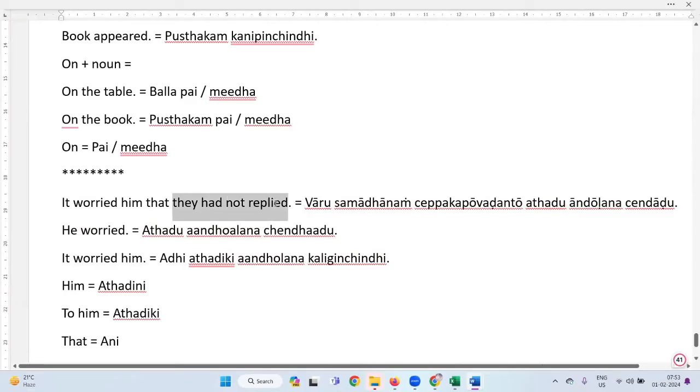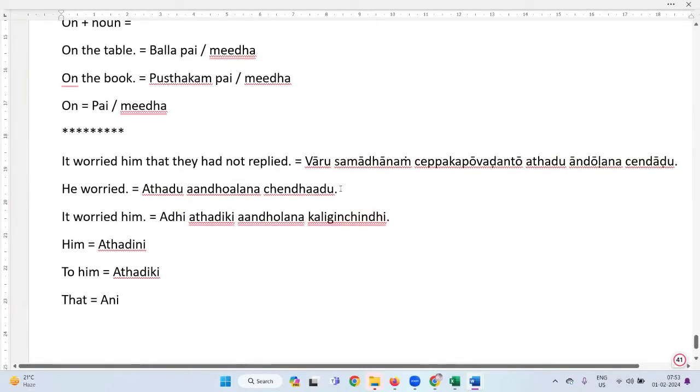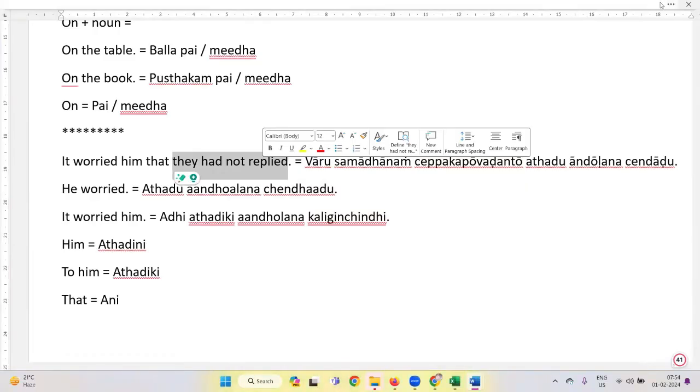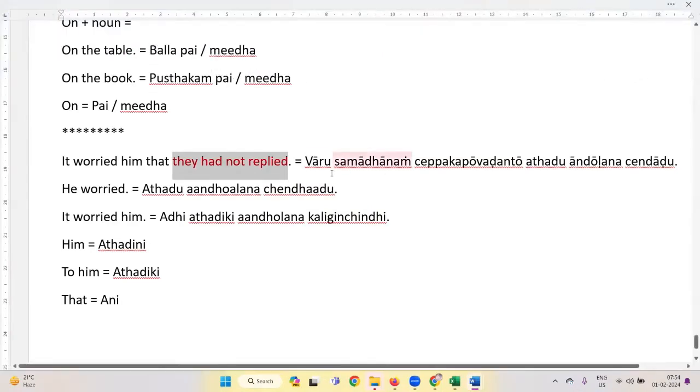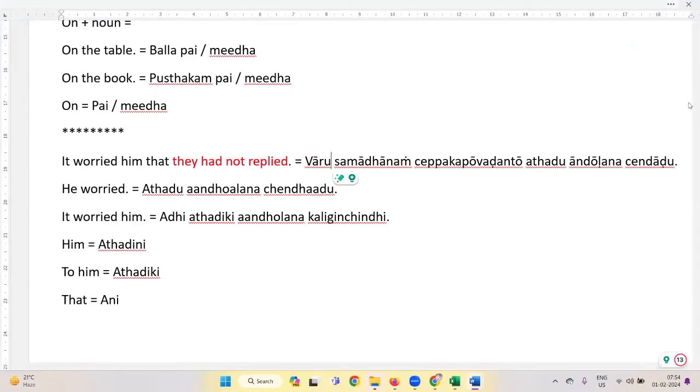Let's discuss this one separately, then you will understand. వారు సమాధానం చెప్పకపోవడంతో. Okay, this is like meaning for this one, but in the independent sentence the meaning will be different, but for this one it's okay.